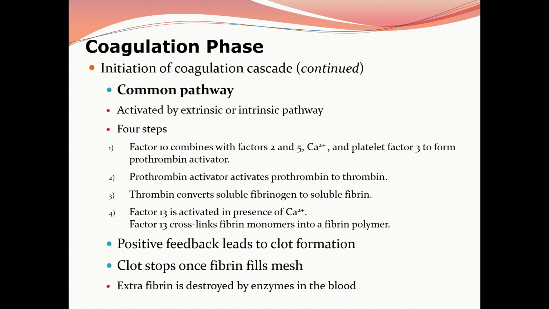The common pathway is going to be activated by the extrinsic or intrinsic pathway, and as the others, it is going to include taking inactive factors and turning them into active factors. Ultimately, the positive feedback will lead to clot formation, and the clot will stop once fibrin fills the mesh. Extra fibrin is destroyed by enzymes in the blood.